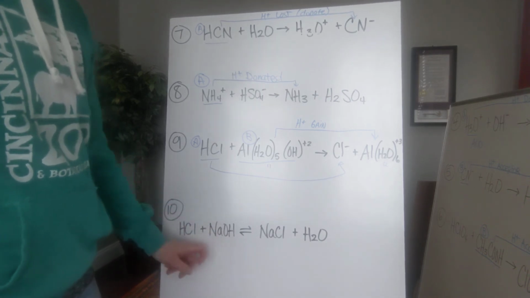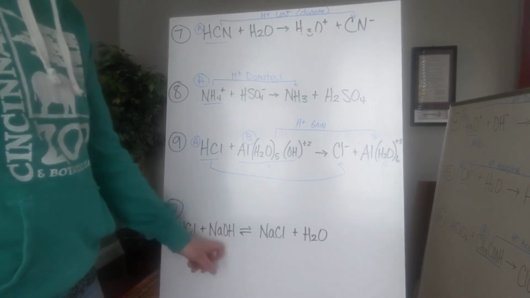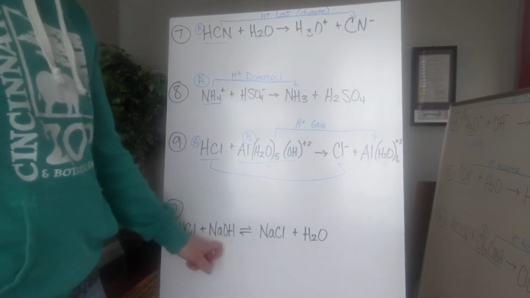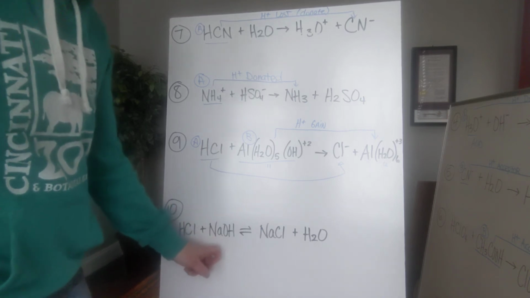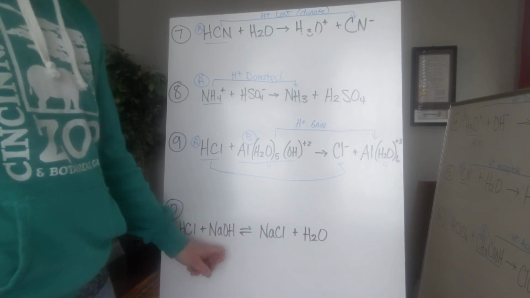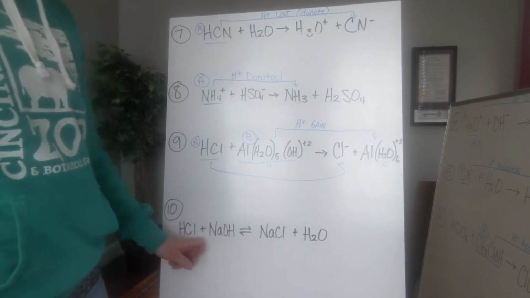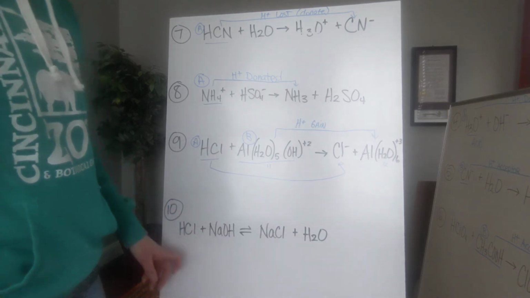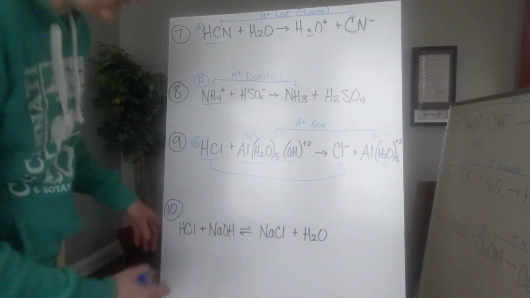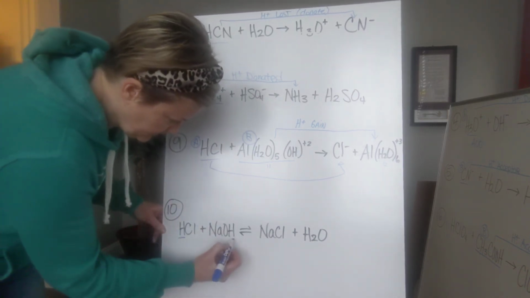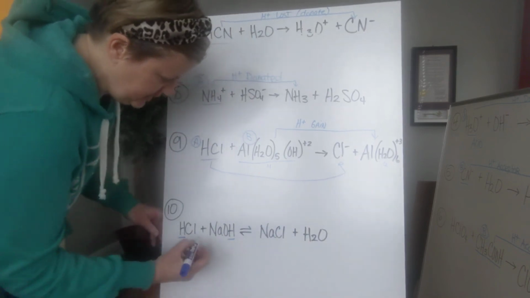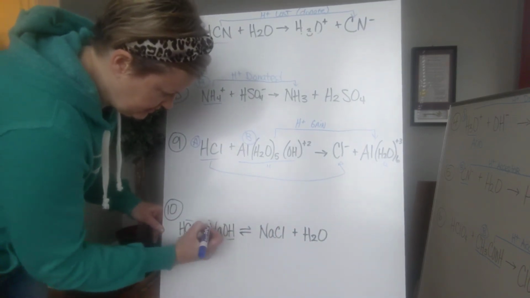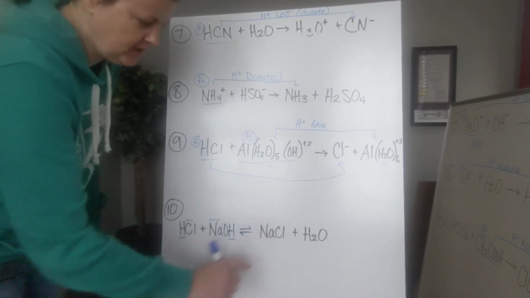All right, so we have hydrochloric acid plus sodium hydroxide. So guys, look at this. We've got an acid plus a base. This is a neutralization reaction. It is also called a double replacement reaction, right? So double replacements, you take the outsides and put them together, and then you take the insides and you put them together, right?